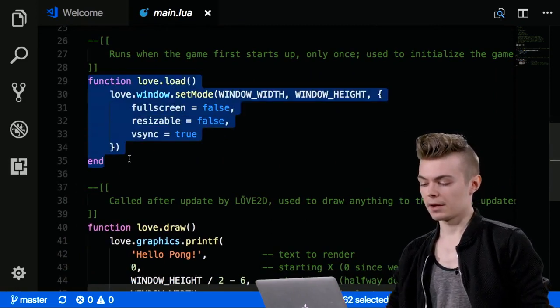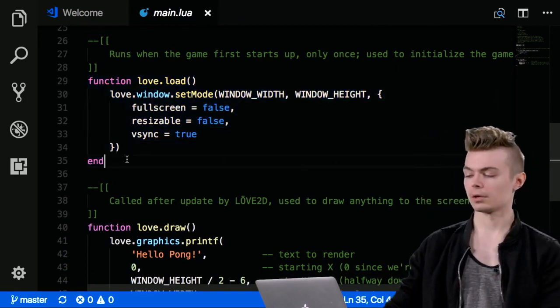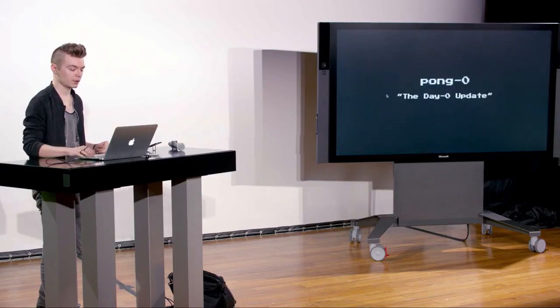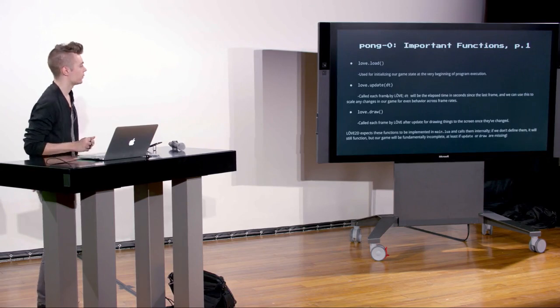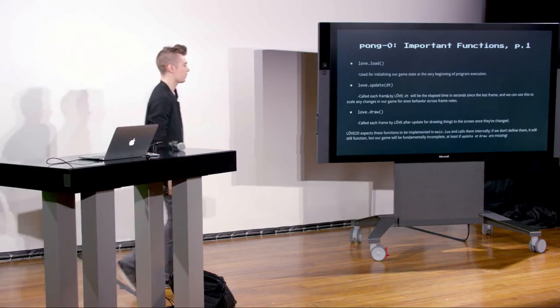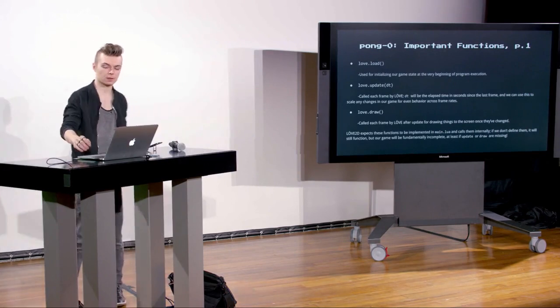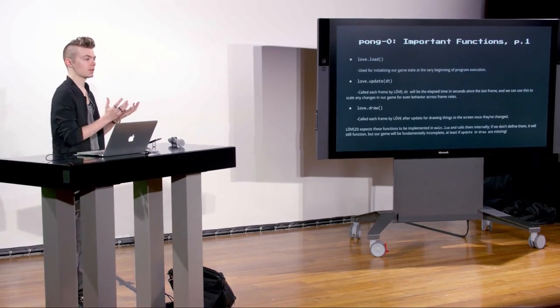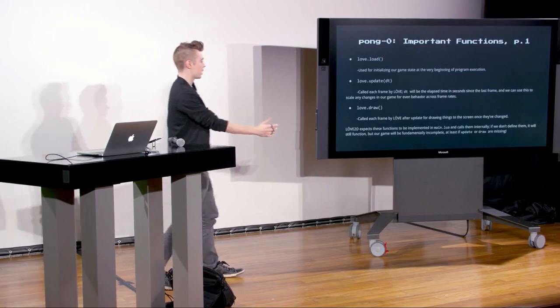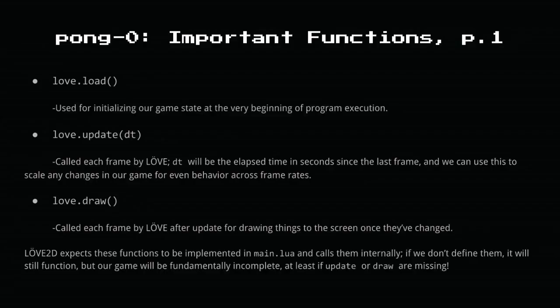We're using a function called love.load, and I'm actually going to go back to the slides here. We're going to look at a few functions, and I'm going to go over them and tell you what they do before we look at the code in too much detail. So love.load is just a function that is given to us by Love2D, and we override it. We give it behavior, we tell it what to do, and Love2D is going to look at it in our main.lua file.